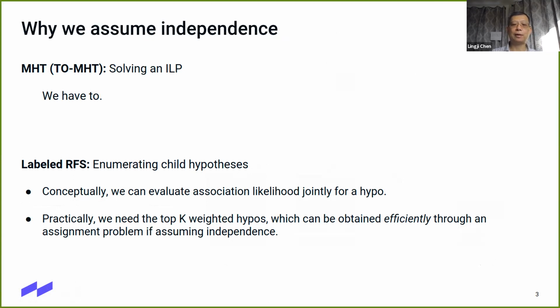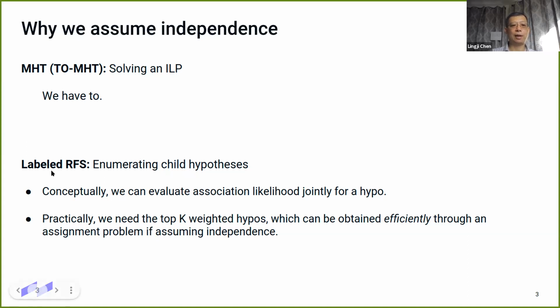We can formulate such a problem because we assume that when a track is associated with a measurement, that cost is independent of which global hypothesis this association is part of. So that's why we have a vector of costs and a selection variable, and we solve for that and get the best global hypothesis.